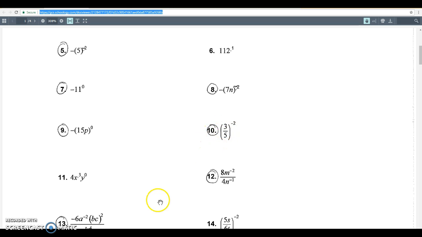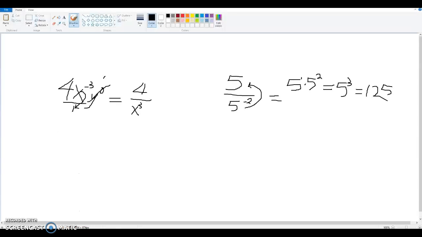Let's look at number 10 here: 3 over 5 to the negative 2. Okay, so when you have parentheses, I'm using the distributive property of exponentiation over either multiplication or division.